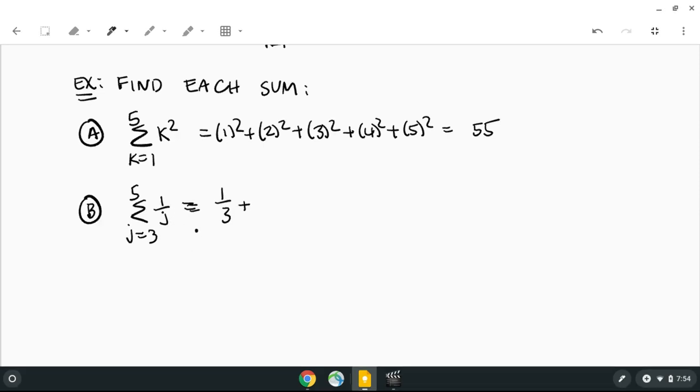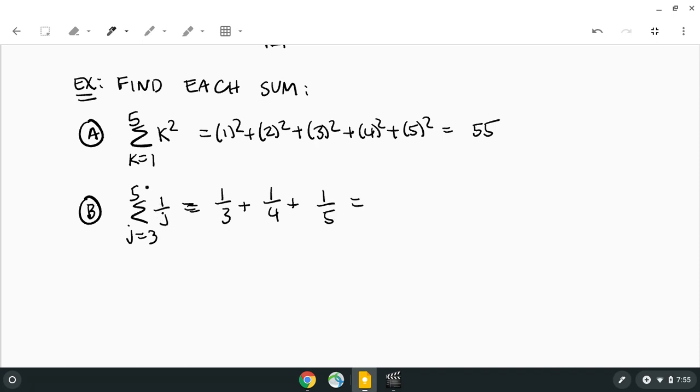And the fifth term, that's when I stop. I'm going to plug in 5 right there. I get 1 over 5. And these are the only terms I need to add: the third term, the fourth term, the fifth term. Add these all up and we get 47 over 60.